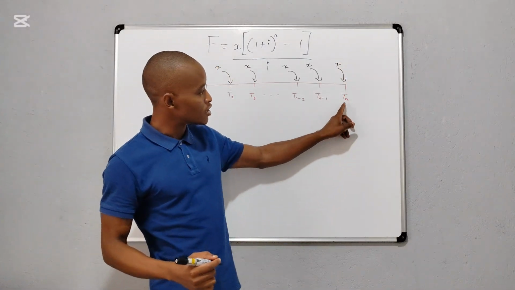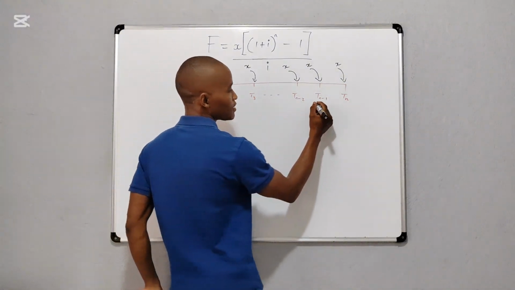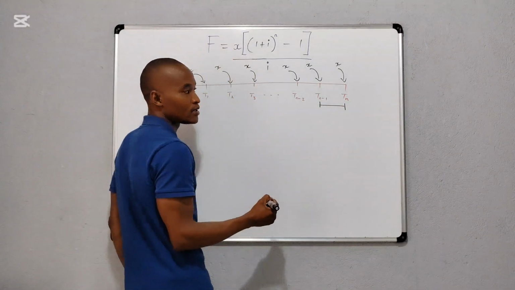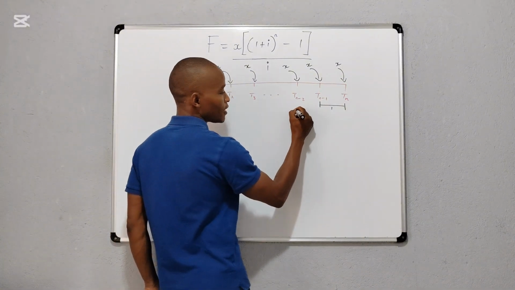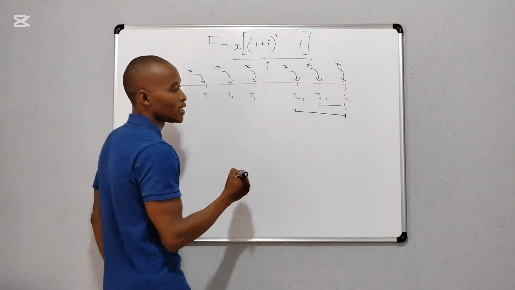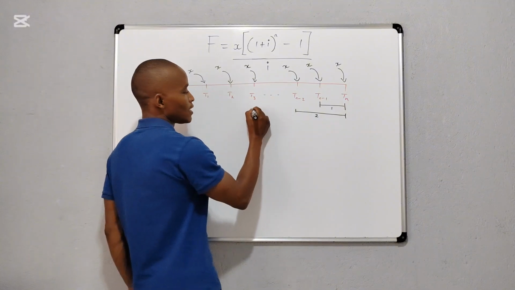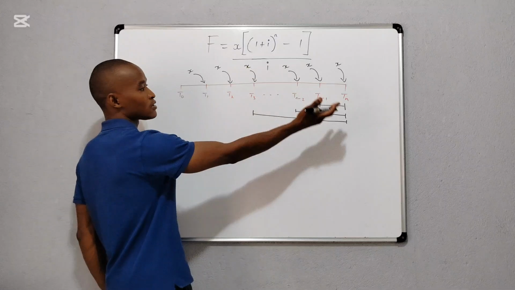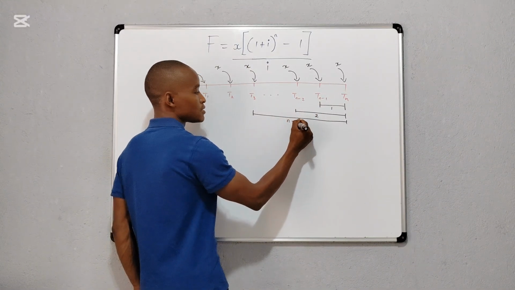Okay, notice that your last payment will not accumulate interest, but your second last payment will accumulate interest for one payment period. Okay, and your third last will accumulate interest for two payment periods, and this one, that payment that you make in this financial period or financial cycle will be n-3.